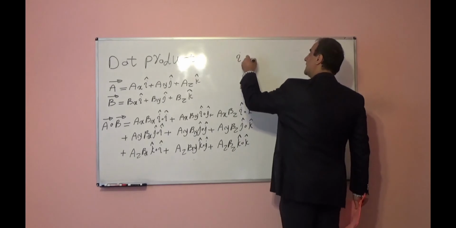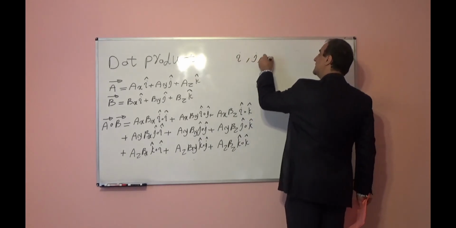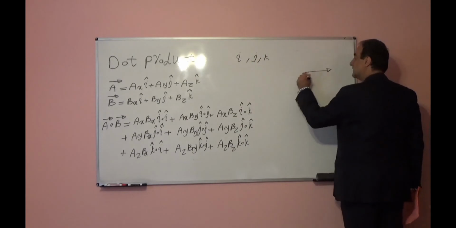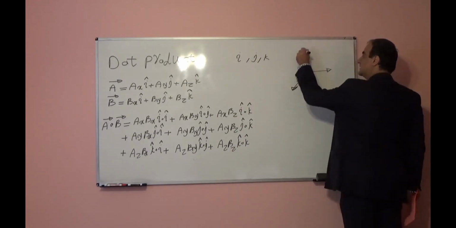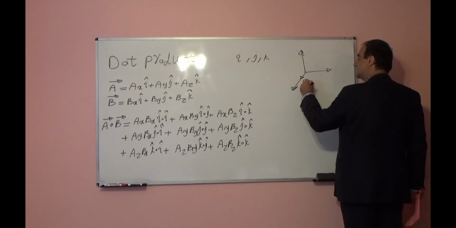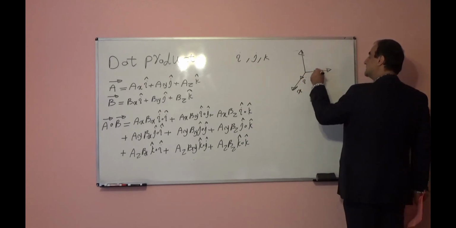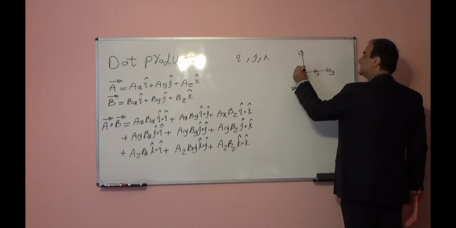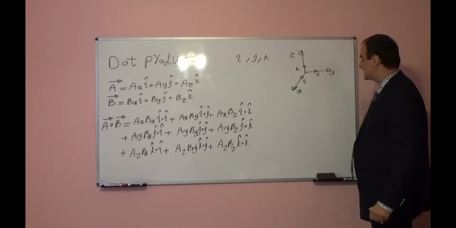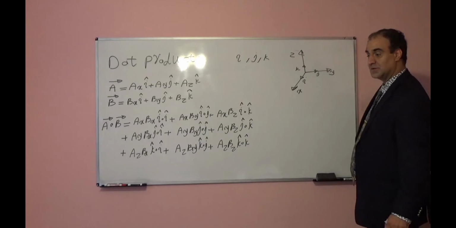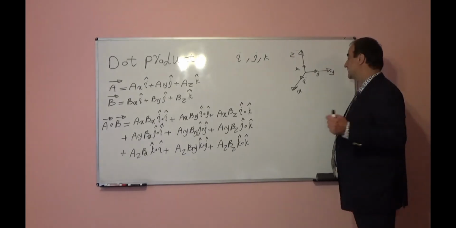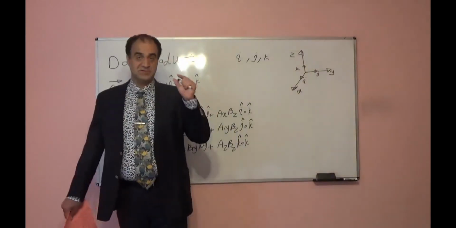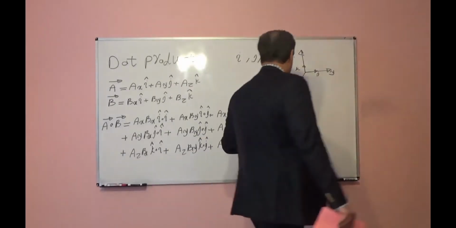And you know i, j, k are unit vectors in three directions. i is the unit vector in the x direction, j the unit vector in the y direction, and k the unit vector in the z direction. They are perpendicular to each other, and the magnitude of each is equal to 1.